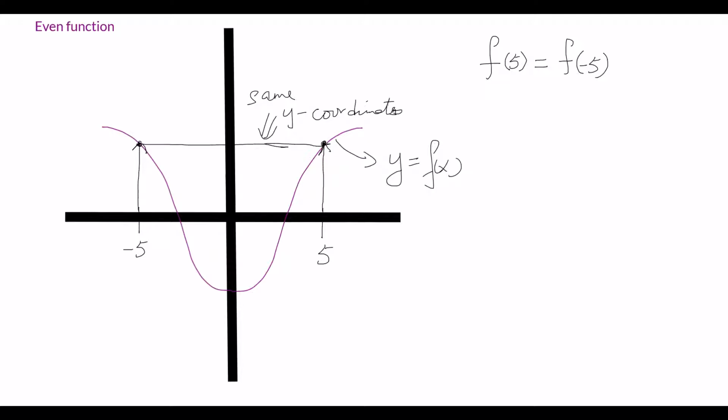If you take the other point, for example here, maybe this one is 1.5, the opposite will be -1.5. And then if you trace back here, these two points should have the same y coordinates.